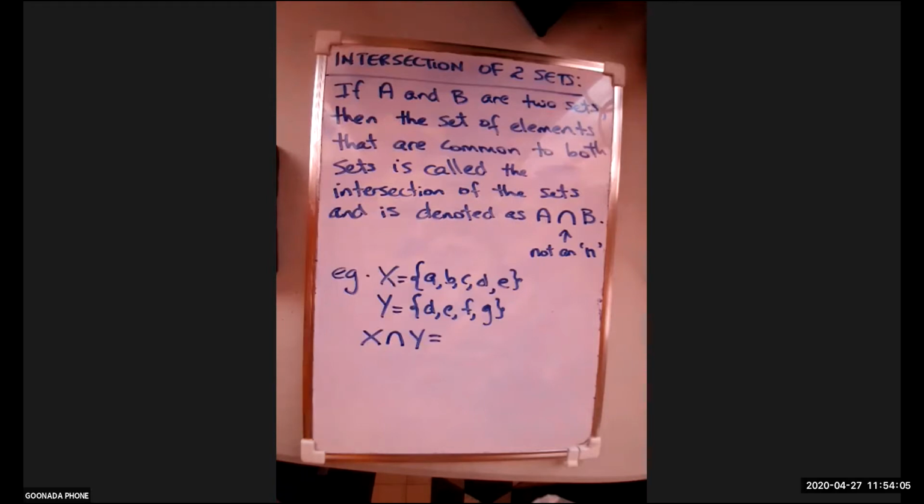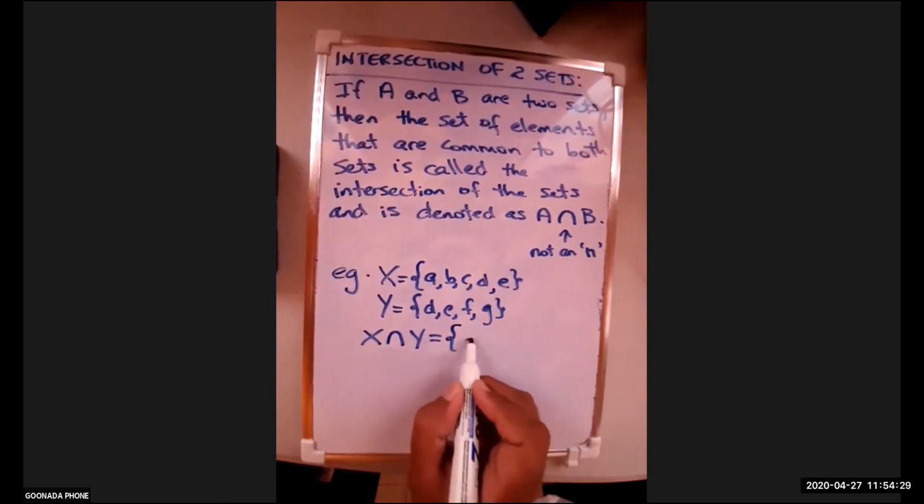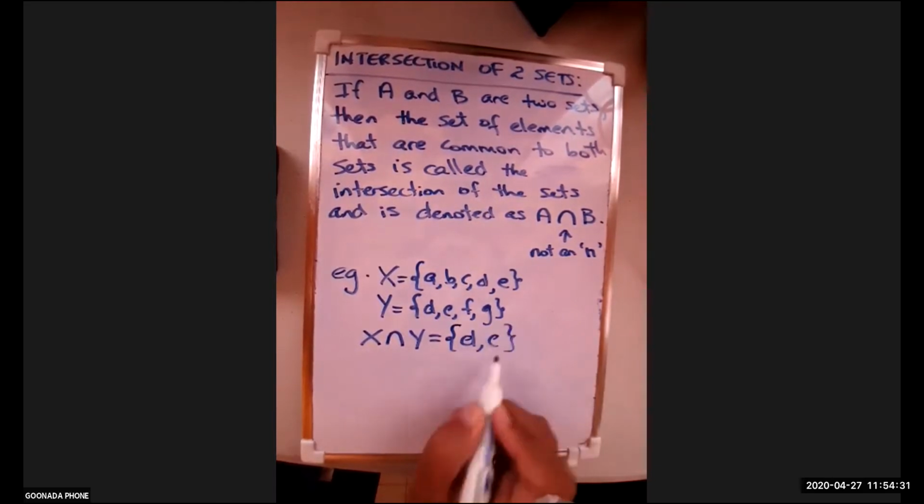So do X and Y have anything in common? And if so, what do they have in common? E alone? Yeah, E and D. So the intersection is basically what they have in common. So it is the set of D and E.